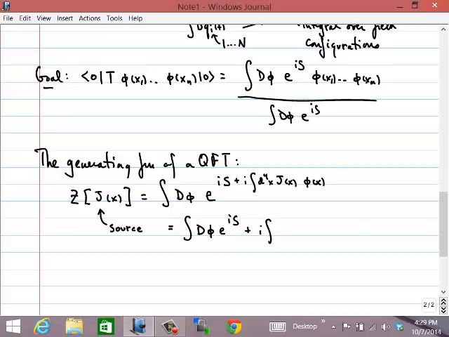The first term is the vacuum expectation value with one insertion. And so on and so forth. The next term would be a vacuum expectation value with two insertions, integrated against two sources, and so on and so forth.